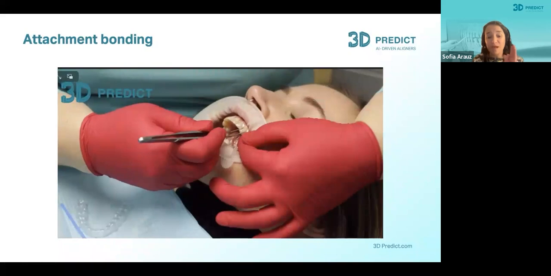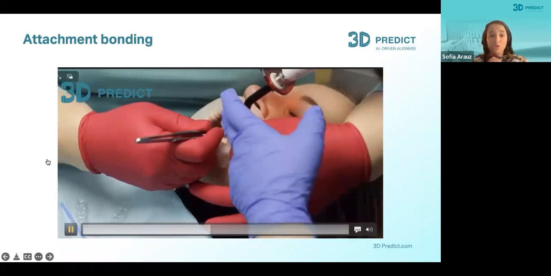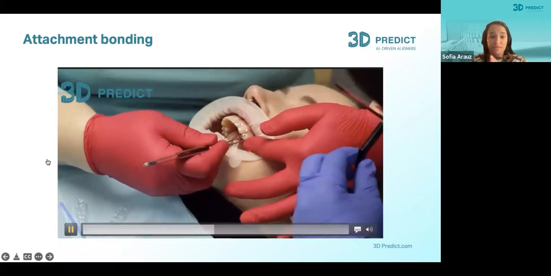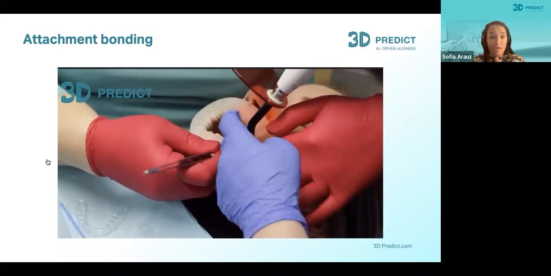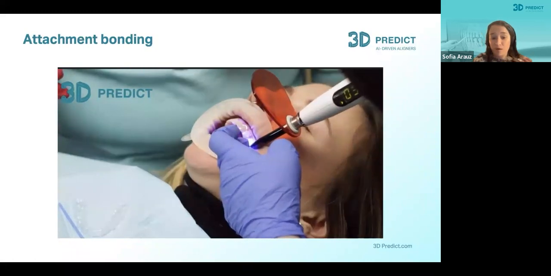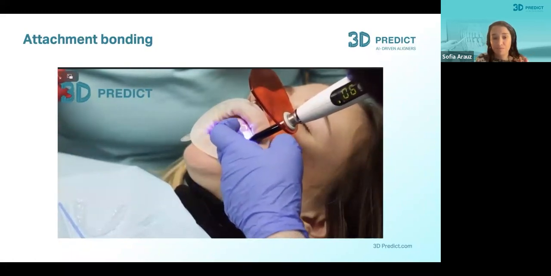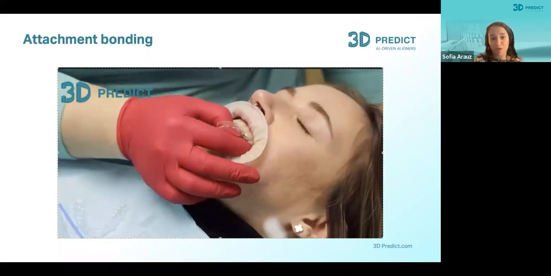This is to maximize that fit. And then the assistant is curing very lightly for a few seconds, 5 seconds, and then we remove our hands and the curing process finishes because we ensure great adaptation when we use the cotton plier.